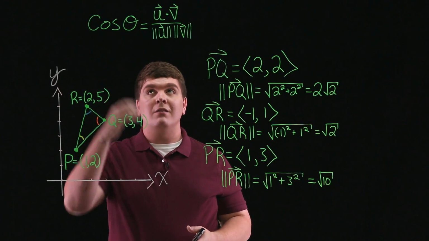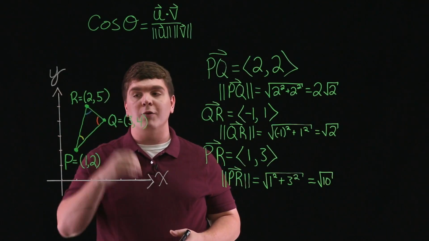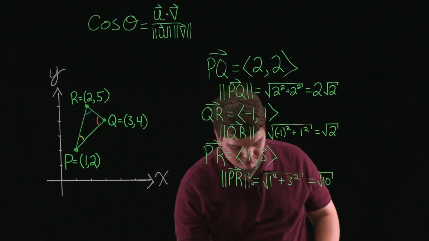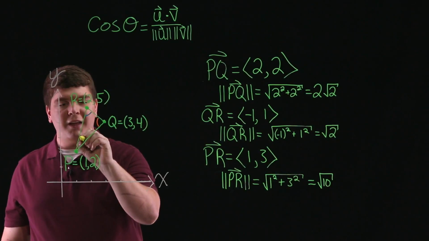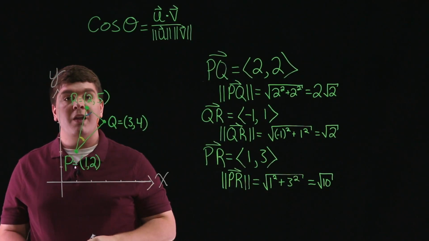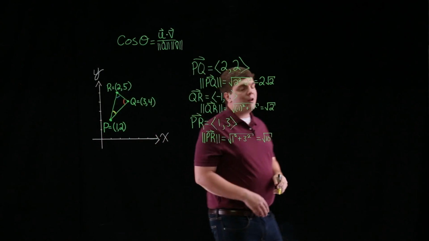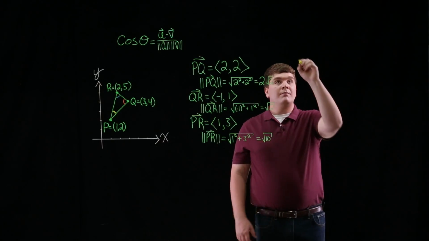Now we'll want to begin finding our angles using this formula. Let's first begin by finding the angle between PQ and PR. I'll call this angle alpha.